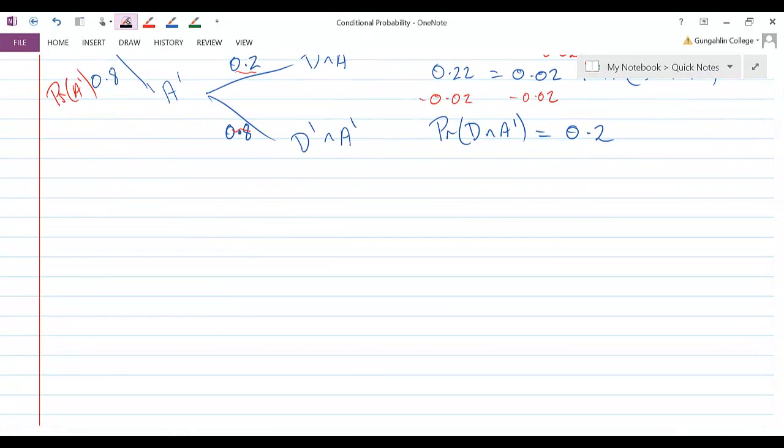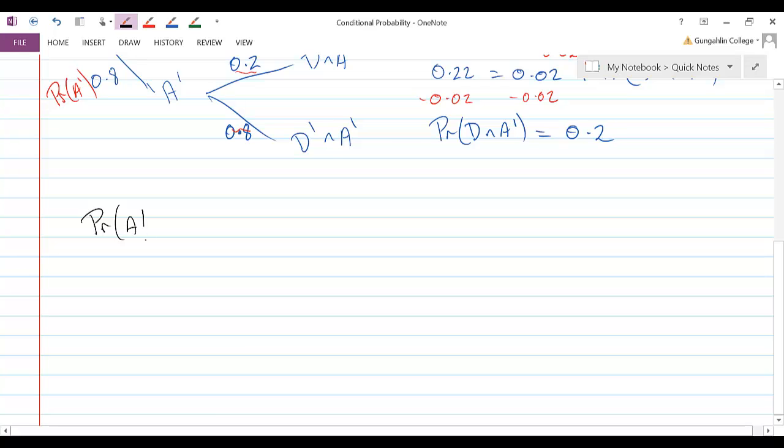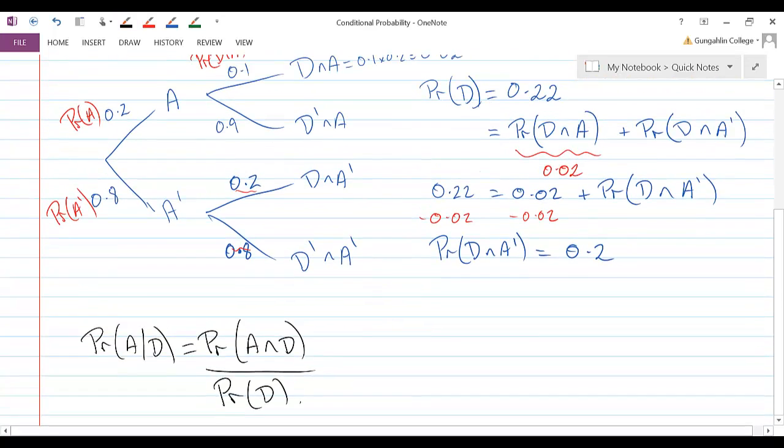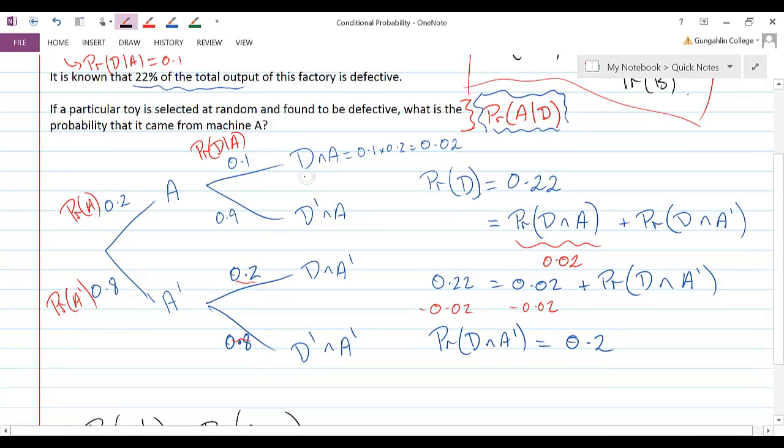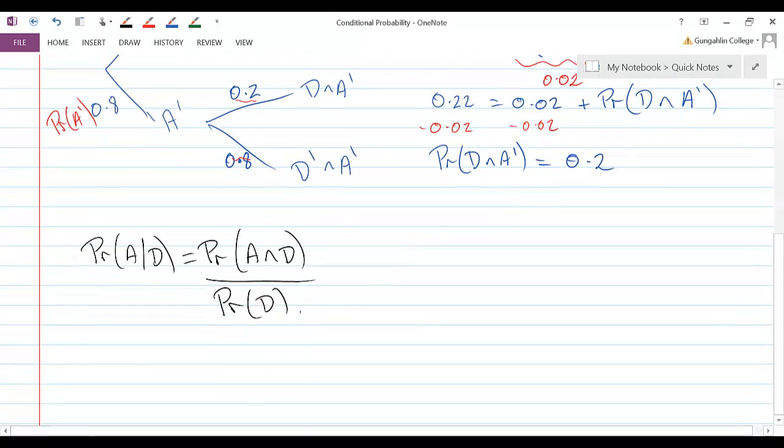So this is how I solve this problem. The probability of coming from A, given it is defective, is the probability of coming from A and being defective divided by the probability of being defective overall. The probability of coming from A and being defective is 0.02.